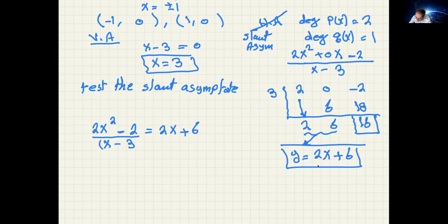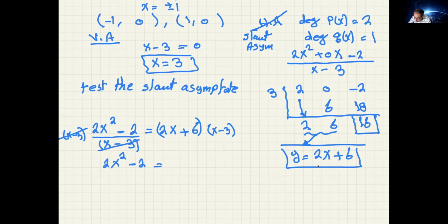We multiply both sides by x minus 3. So for the left side, x minus 3 with x minus 3 is cancelled out. I have 2x squared minus 2.